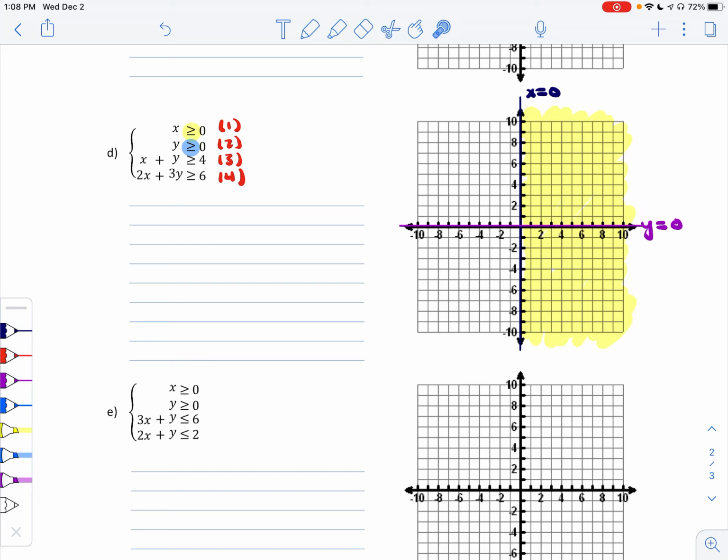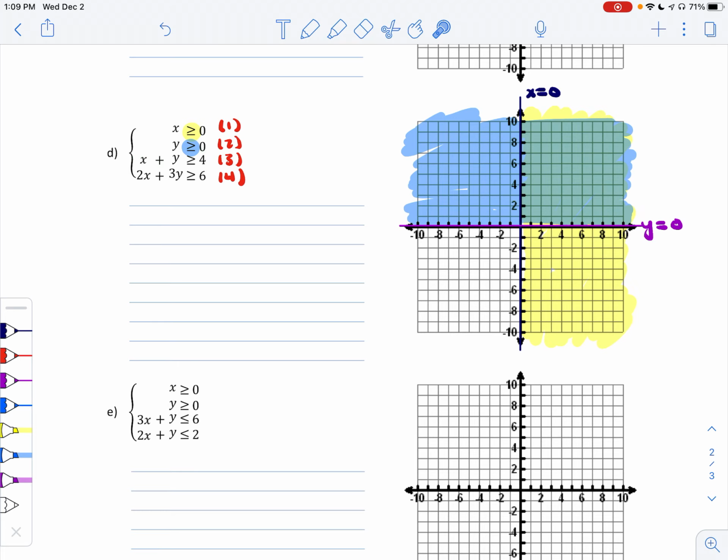Since it has the equal to, we leave it as a solid line. And greater than for y's means you're looking at everything that falls above that line. So everything that falls above that horizontal line. Okay, so already with just these first 2 equations, we've limited ourselves just to working with quadrant 1 over here. So we know that we're going to be in quadrant 1.